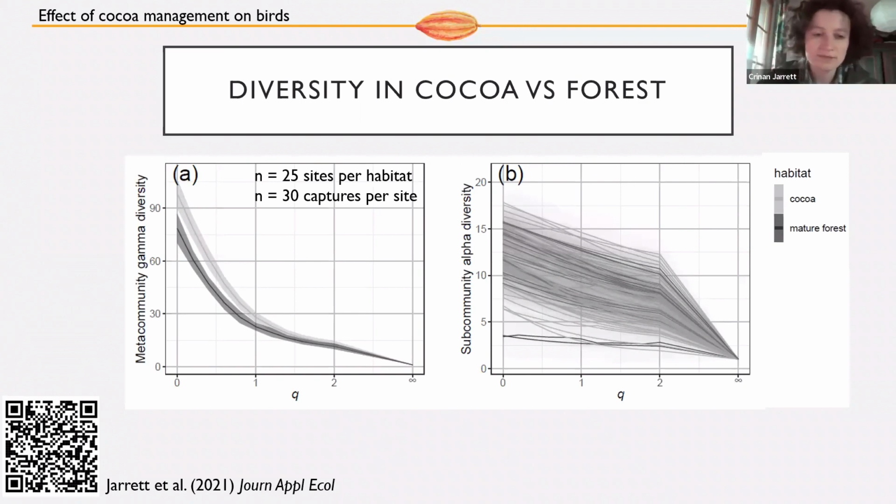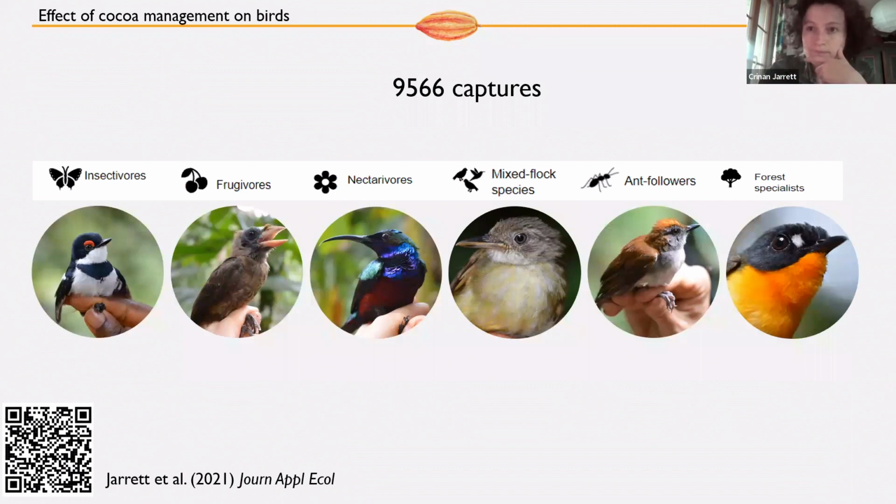Then we realized that the interpretation here is that cocoa plots are more different between each other. When you look at the plot level, you have a similar number of species, but when you add up all the plots together, you get a higher number of species in cocoa than you do in forest. So cocoa plots are more dissimilar between each other.